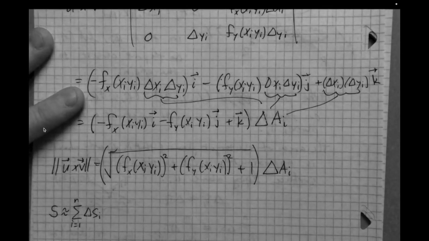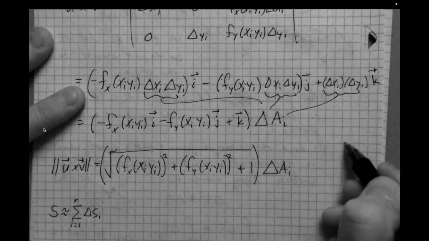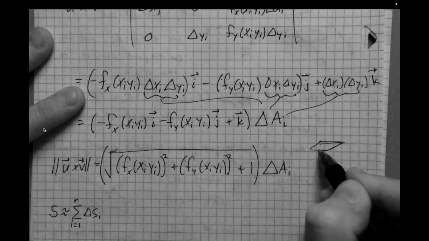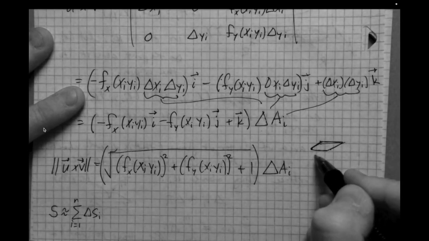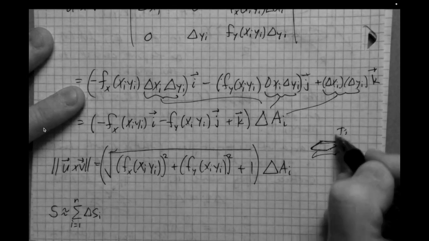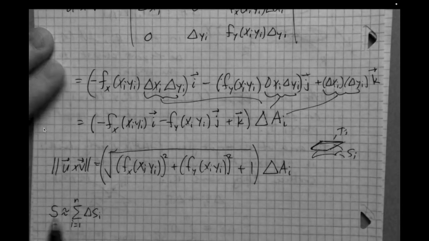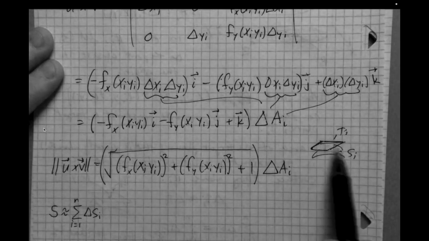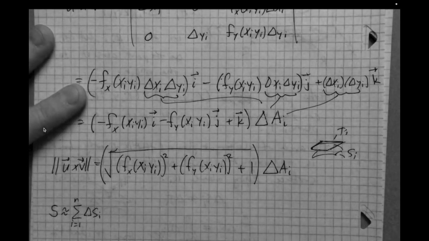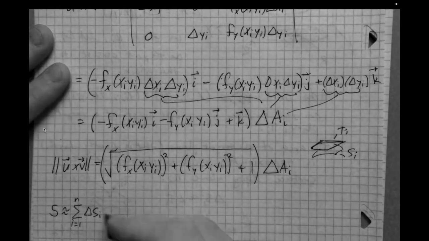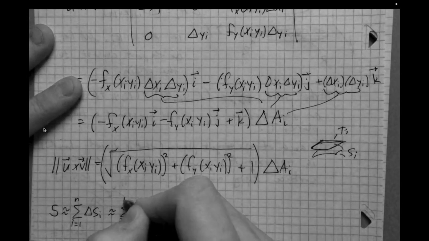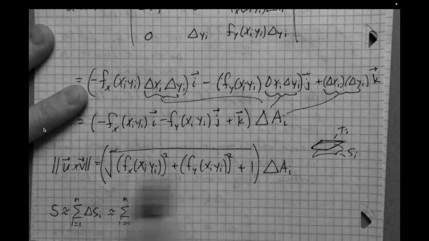Remember we had our tangent plane, and each of those corresponded to some actual section of the surface. So you had your Tis and your Sis. We find an approximation for each of the Sis, add them all up, and that's an approximation for the total surface area.